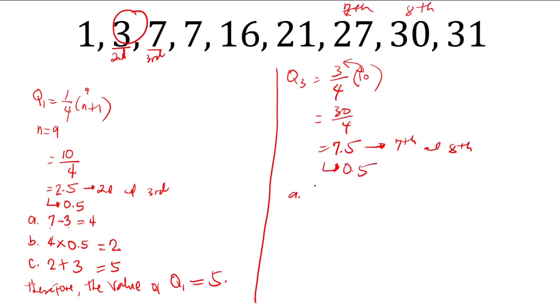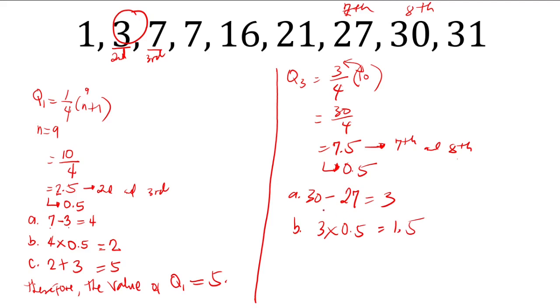So, 8th position minus 7th position. So, 30 minus 27, that is equal to 3. And then, 3 times yung decimal part, 0.5. 3 times 0.5, that is equal to 1.5.